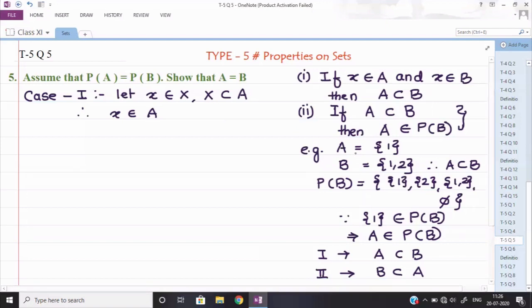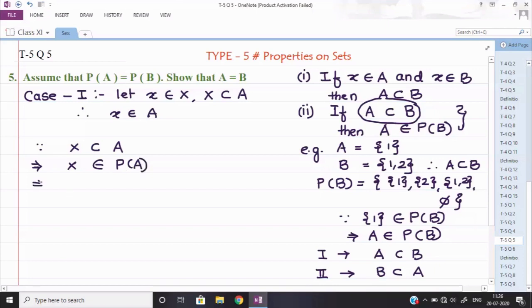Now, second thing, we shall start with the definition. Since X is a subset of A, now I am going to apply the definition. Observe: if A is a subset of B, then A will belong to the power set of B. So if X is a subset of A, then I can say that X will belong to the power set of A, according to the definition.